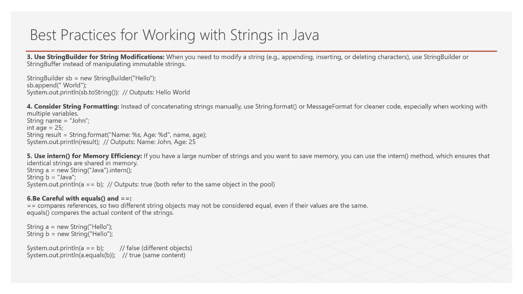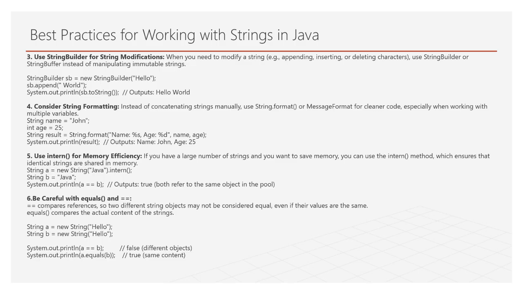Now we have to be very careful when we are using these two: equals and the double equals operator. These are denoting different operations and they are meant for different purposes, right? Although they are both said to be equality operators, when you compare references, if there are two different objects, double equals is going to compare the two references.